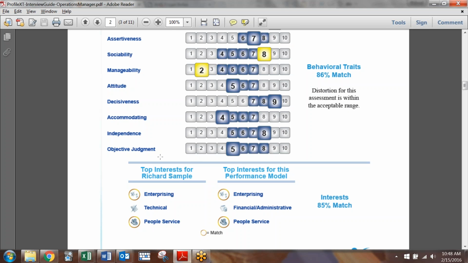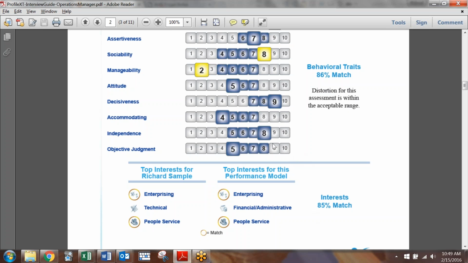So I've actually seen a person who was applying for a sales position, being pushed in that direction, who had very low enterprising, low people service, low financial administrative, but high mechanical and creativity in particular, and did ultimately go back to school and study art because that was their real interest. So you want someone that has at least something of a fit relative to the interest so that they will be long-term happy in the position and be more effective in that job.